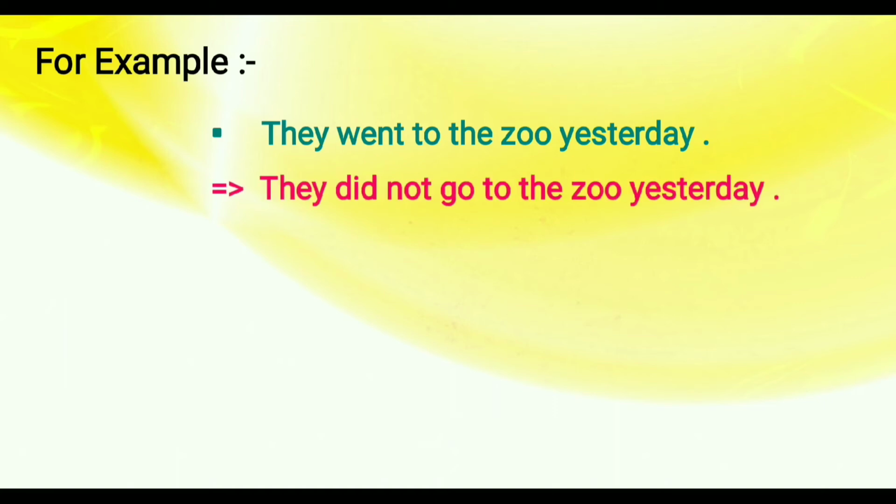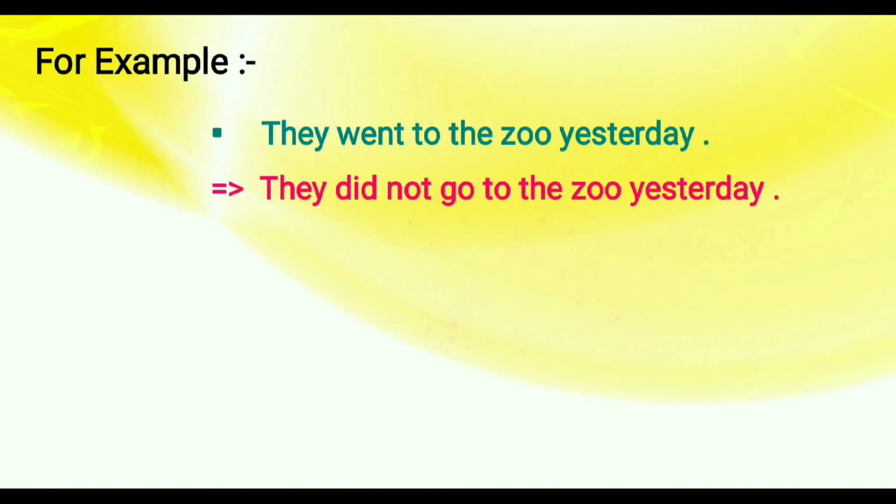Then we do not write went with did not. What is the main verb of went? It is go. So we write here: They did not go to the zoo yesterday.